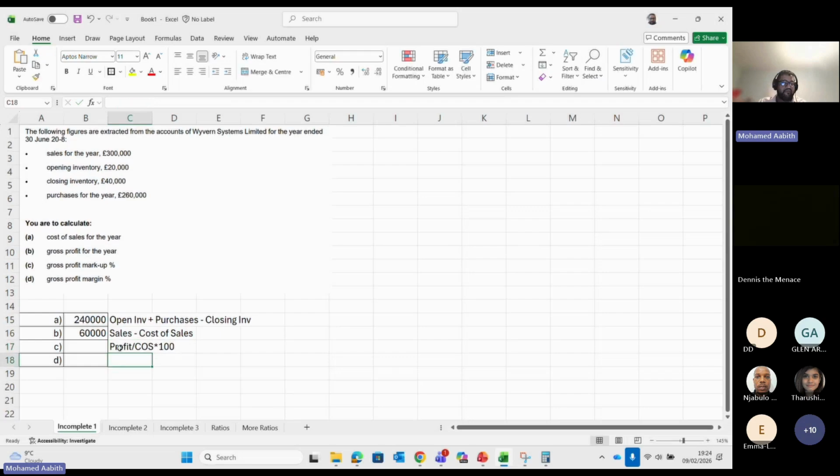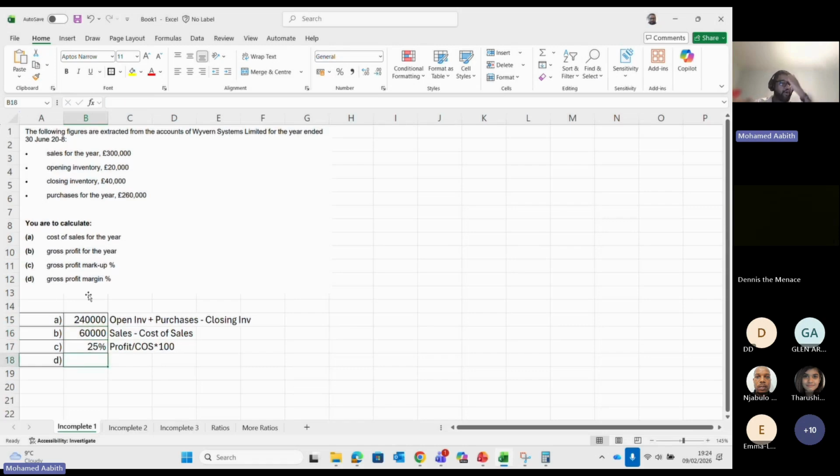So I take the profit, divide by cost of sales, and times that by 100. Let me change that to percentage. It will give me 25. Because if you notice, if that is 100%, your profit is going to be 25% on top of that one. It's marked up. So it is going to be marked on top of that amount there.